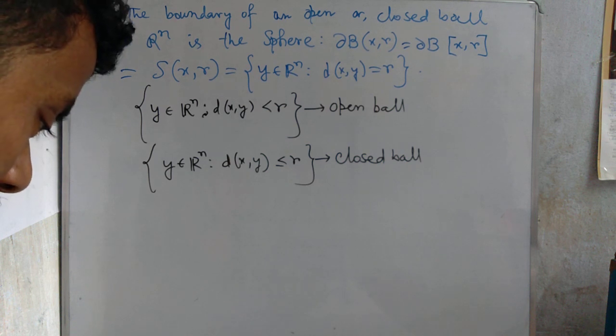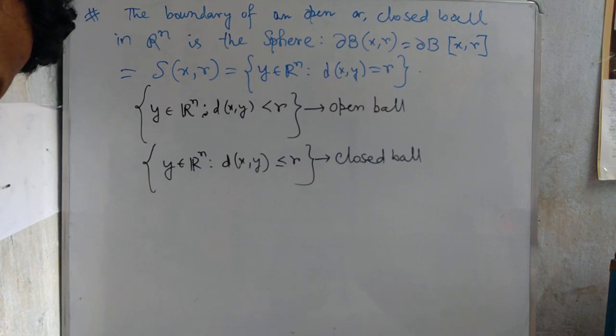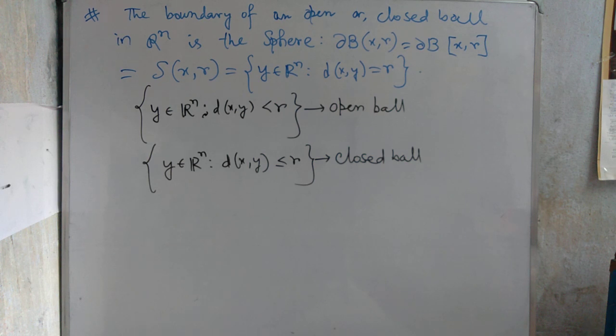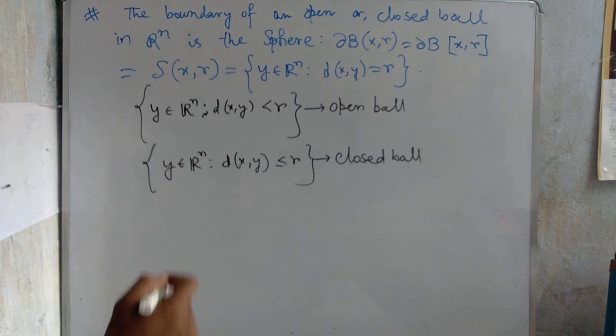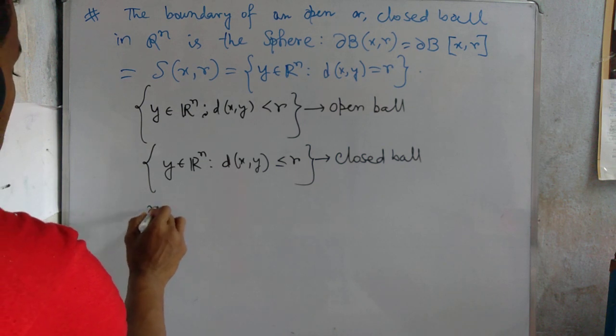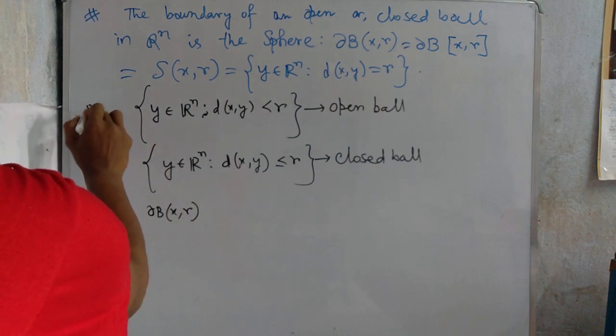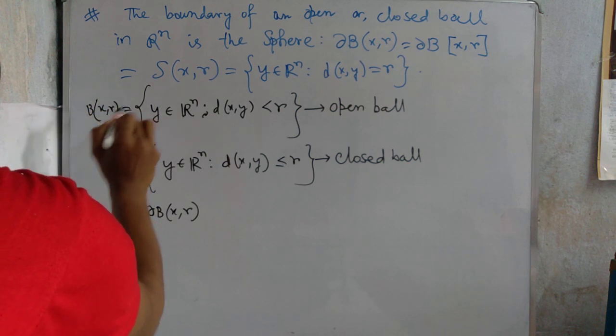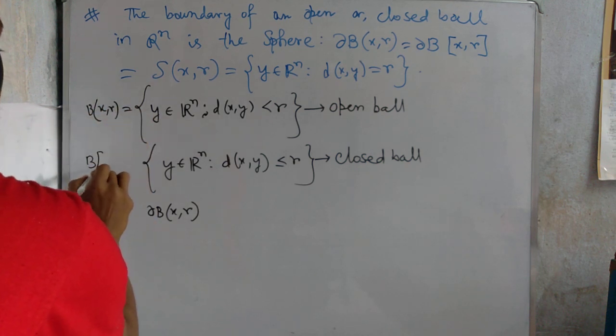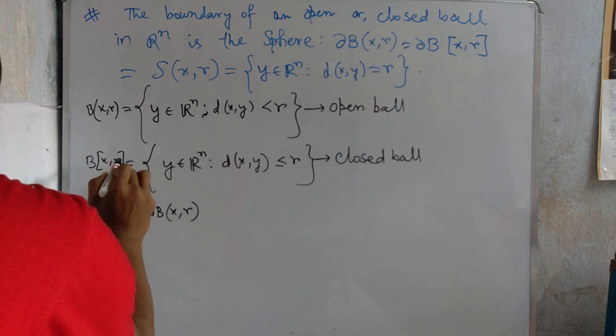Then what happened? The boundary of these sets equals del B(x, r). This one is B(x, r), this one is the closed ball.